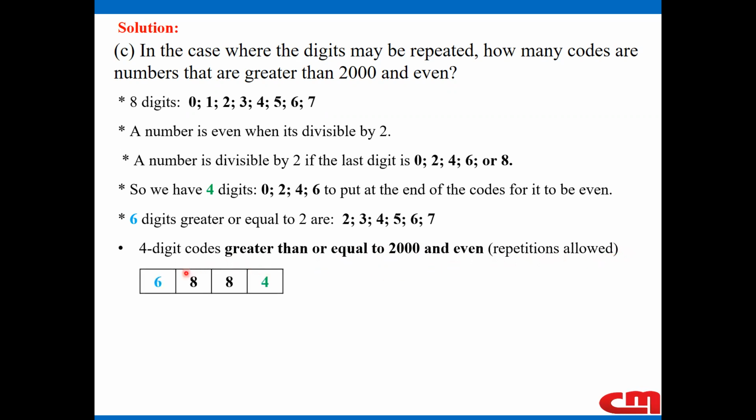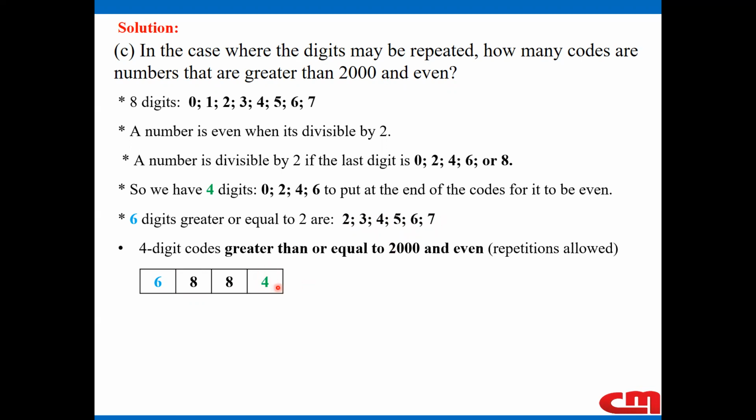That is to say, for the 4-digit codes, we are saying first, the 6 digits greater or equal to 2 can occupy the first position. So I have 6 choices. That is, it could be a 2, a 3, a 4, a 5, a 6, a 7.